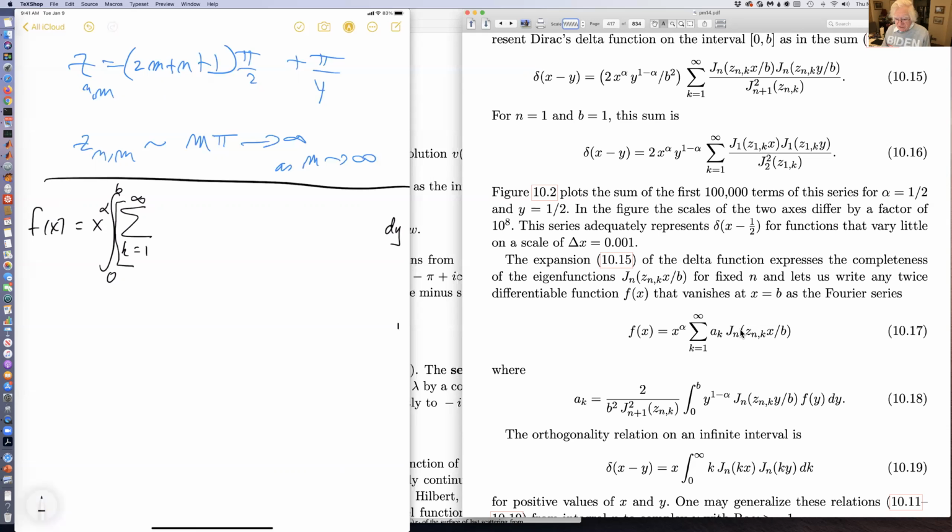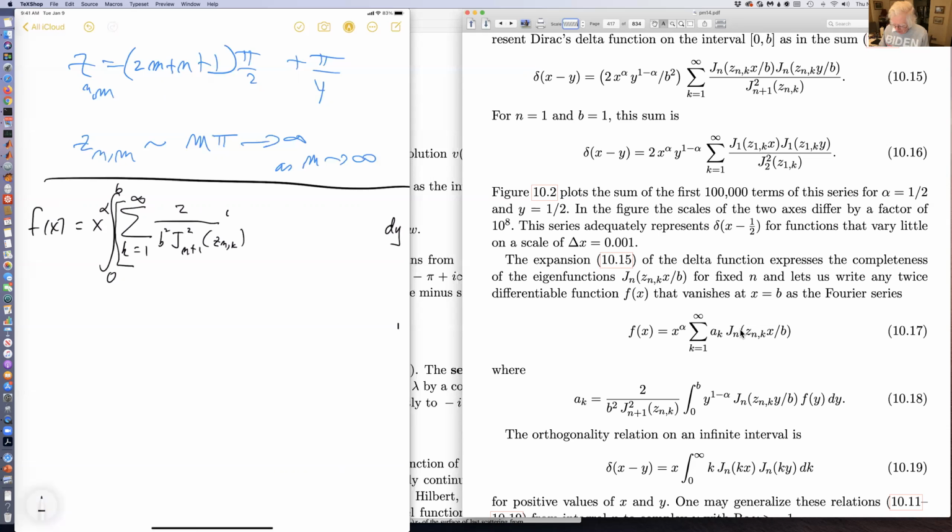So what goes inside the sum? It's the a_k, and a_k is 2 over b squared, J squared, n plus 1. This is a normalization factor, z_nk, the kth zero of the nth Bessel function.